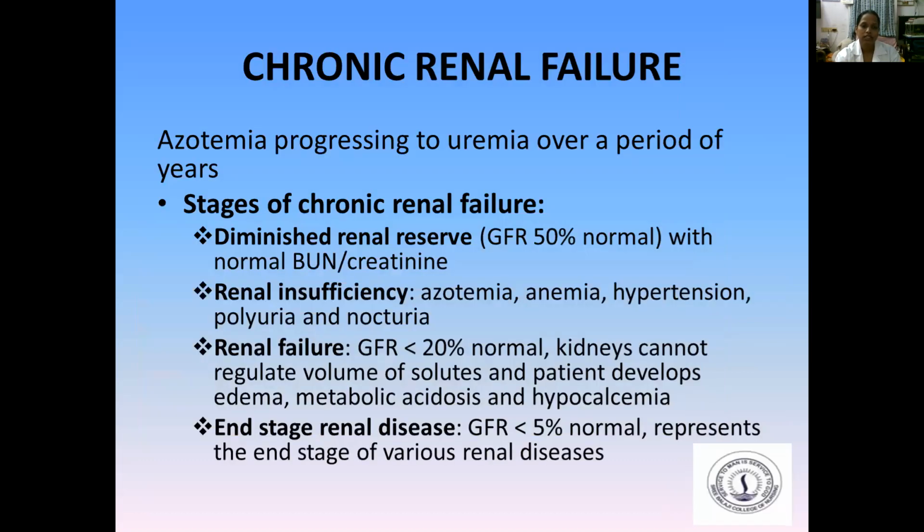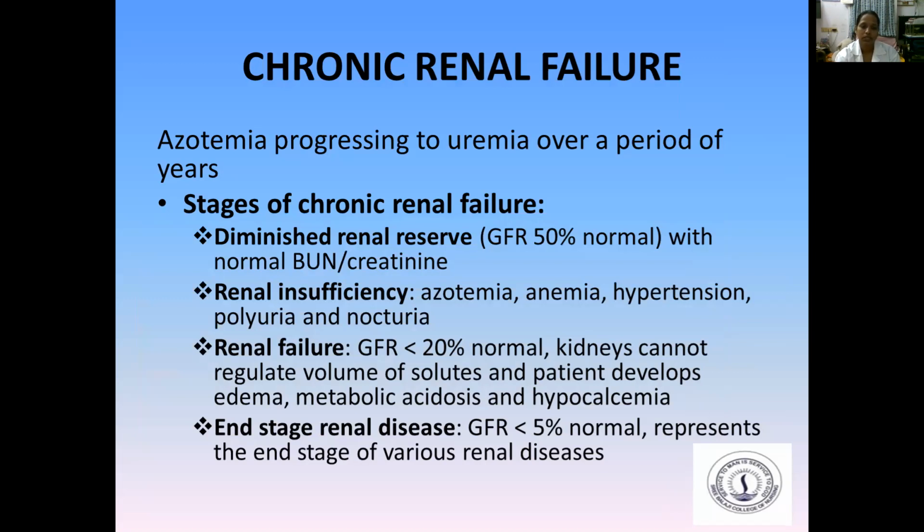Chronic renal failure. So when the azotemia is progressing to uremia over a period of years, that is known as chronic renal failure. So there are 4 stages of chronic renal failure. So diminished renal reserve, that is the glomerular filtration rate is 50% of normal with normal BUN and creatinine.